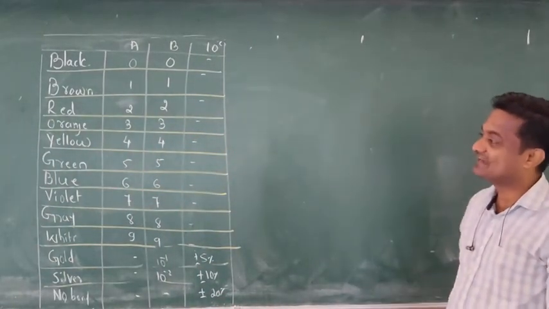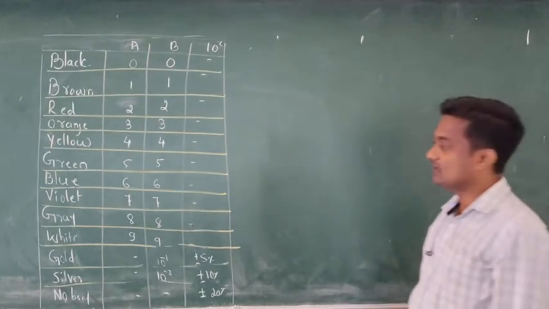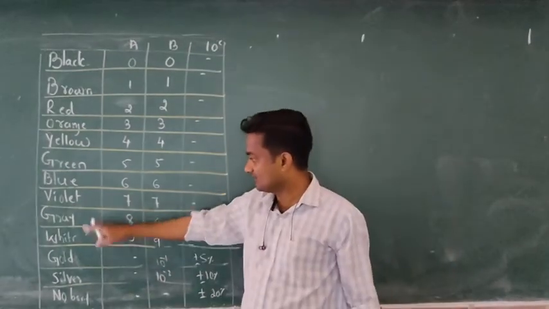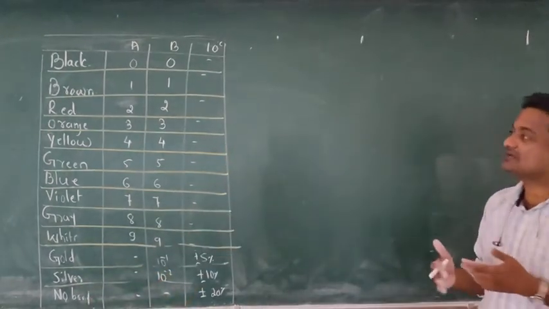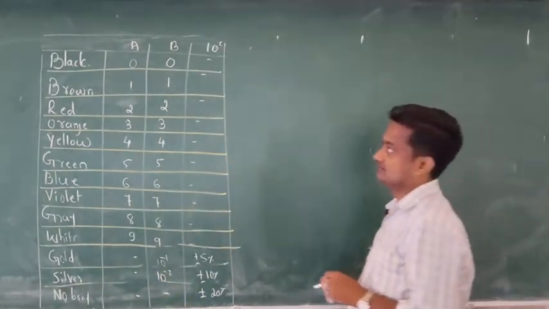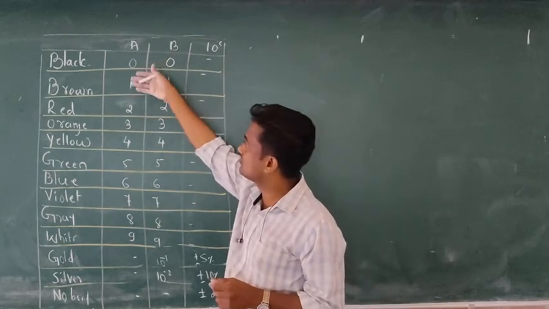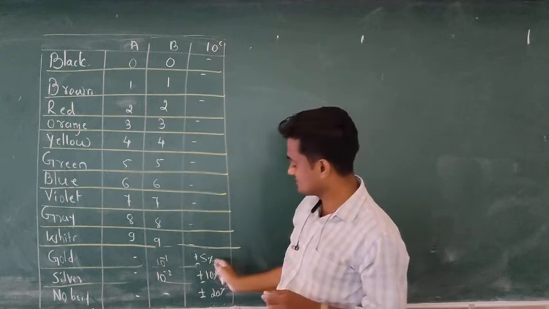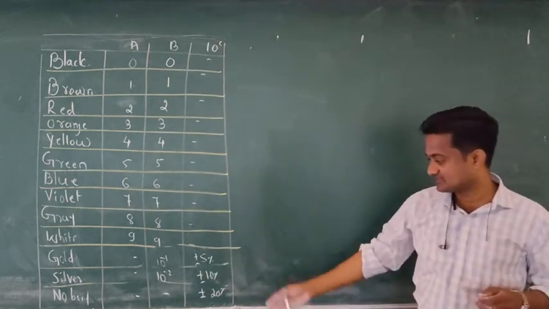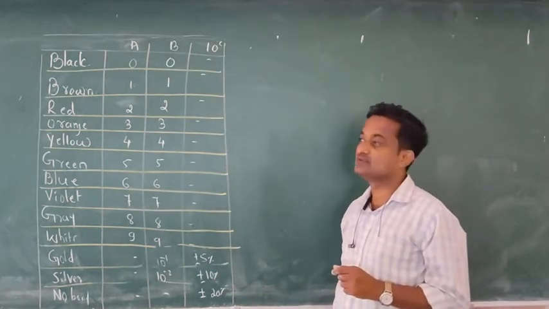Black, brown, red, orange, yellow, green, blue, violet, gray, white, gold, silver, and no band. This is an arrangement, because the digits are 0, 1, 2, 3, 4, 5, 6, 7, 8, 9, and the tolerances are plus or minus 5%, 10%, 20%.